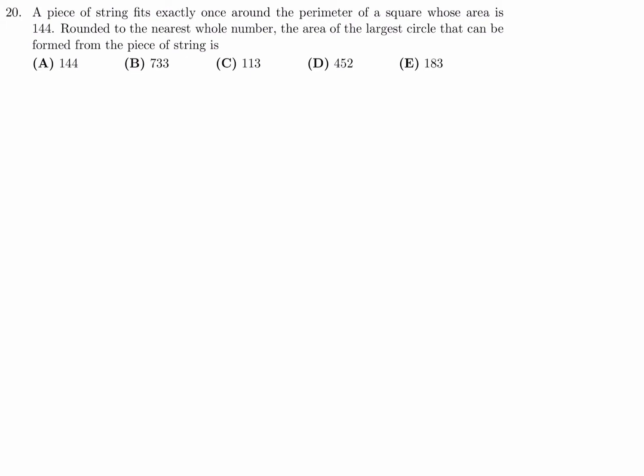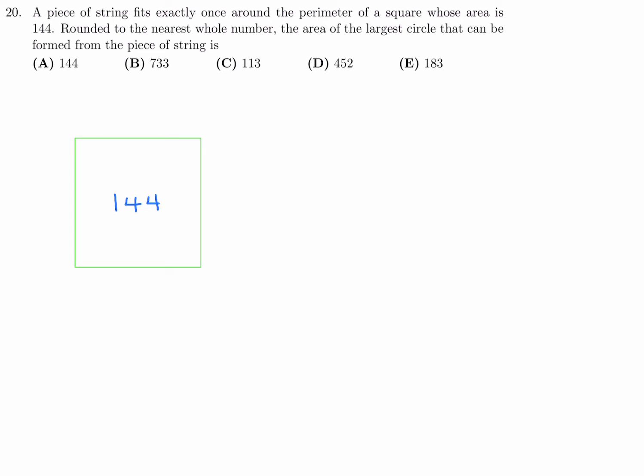A piece of string fits exactly once around the perimeter of a square whose area is 144. Rounded to the nearest whole number, the area of the largest circle that can be formed with the piece of string is. So we've got some square, and they say that the area is 144.